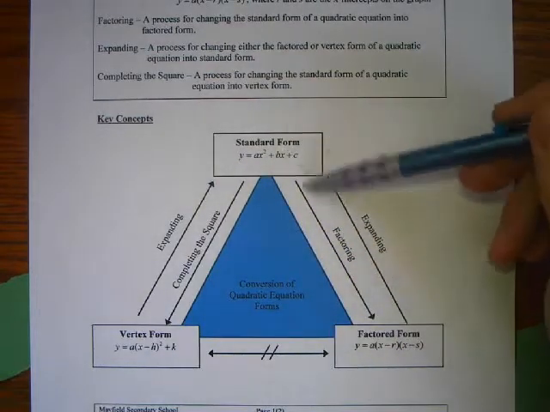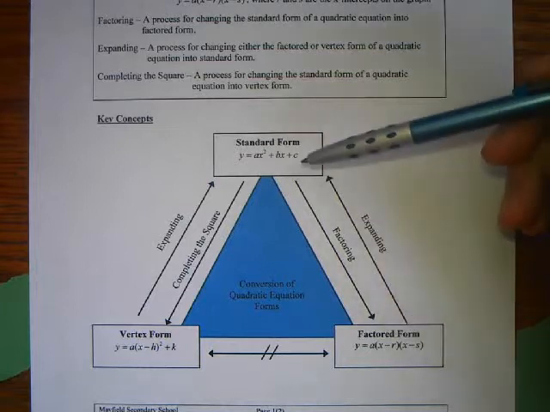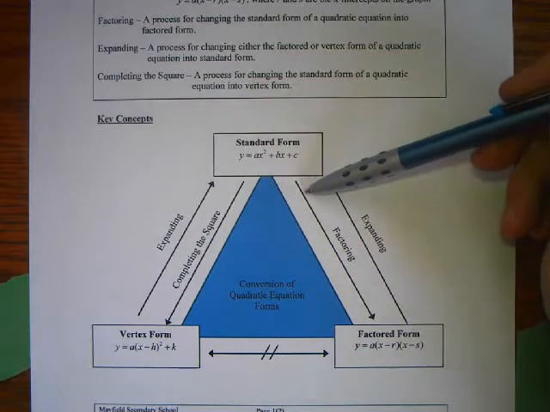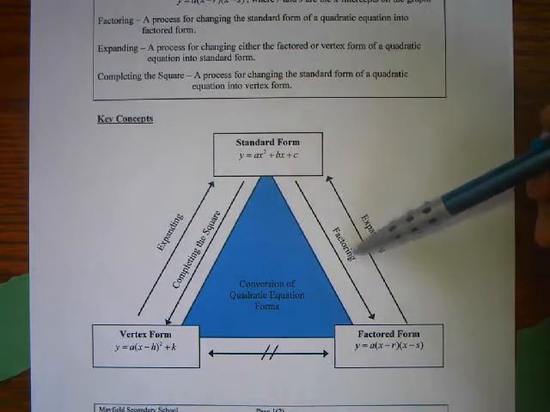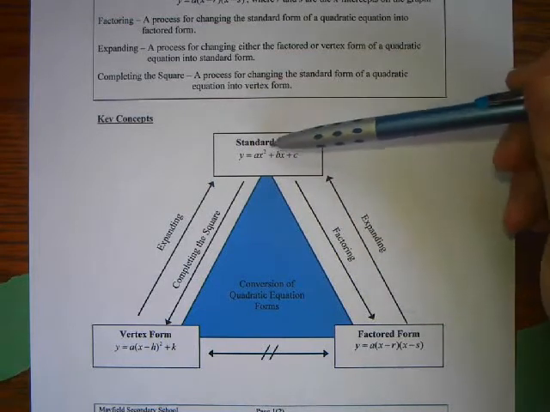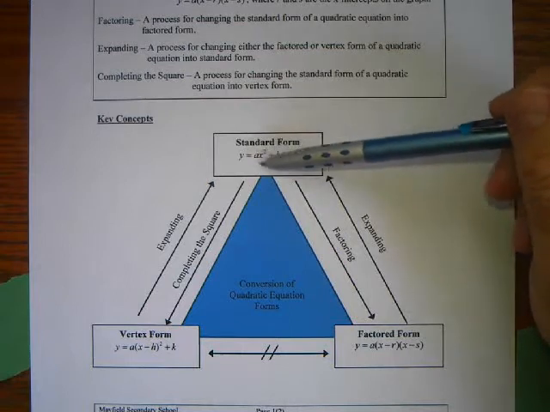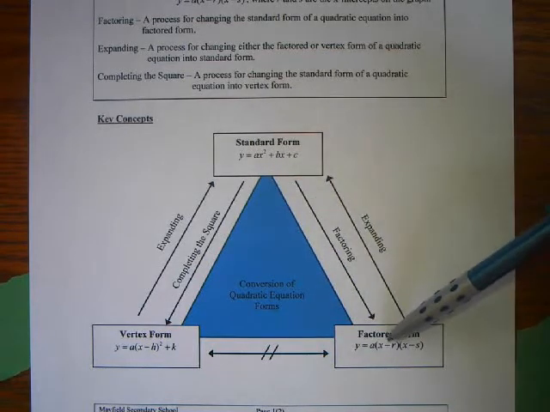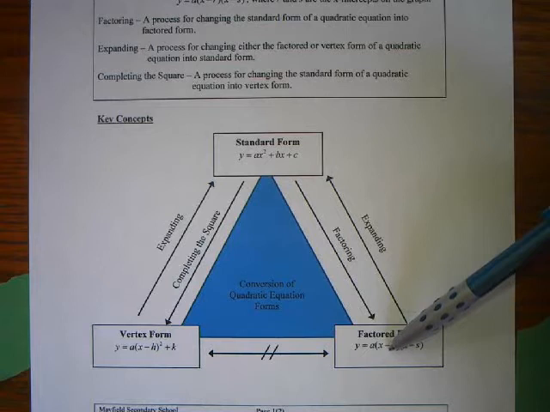If I'm going between standard form and factored form, well, standard form to factored form is basically what we did in Unit 1. This is factoring. So you're going to have to remember, how do I start with a quadratic in standard form? How do I factor it? So you may have to look at some of the lessons from Unit 1 and remind yourself how to do that.